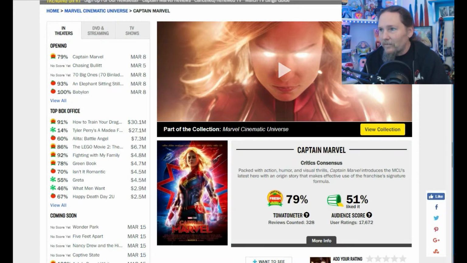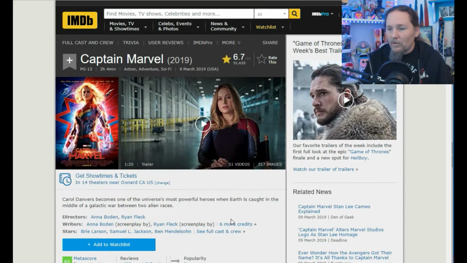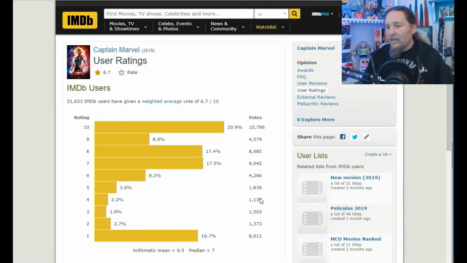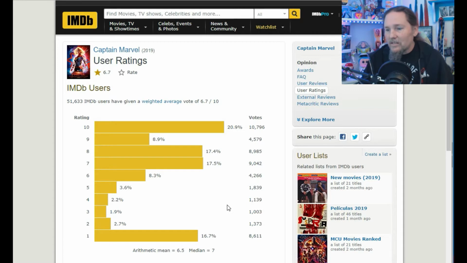This is just a percentage of the people doing it 3.5. So it is different. The real crazy one is at IMDb, and I think that the 10s have overtaken the 1s. So this is just crazy. I don't think that there's 10,000 people here who say it's perfect, and there's 8,000 people here who say it's the worst movie of all time.